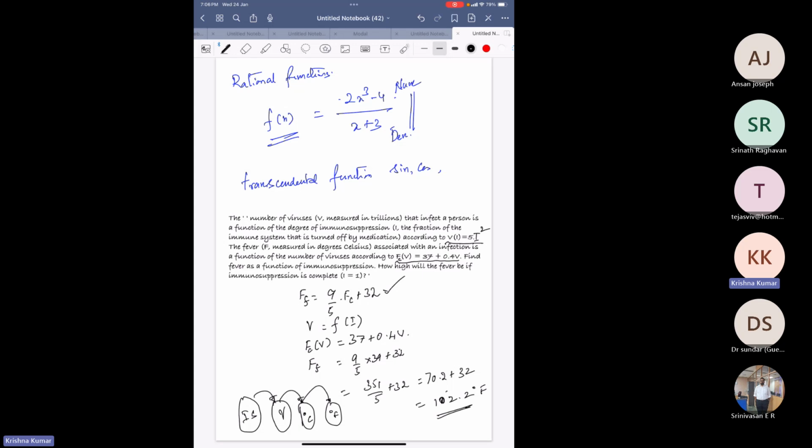If I write this mathematically, then function of I is the first step, and then this is with respect to the virus position. Then that is the fever. I act on it, then I get the centigrade, then I get the Fahrenheit.